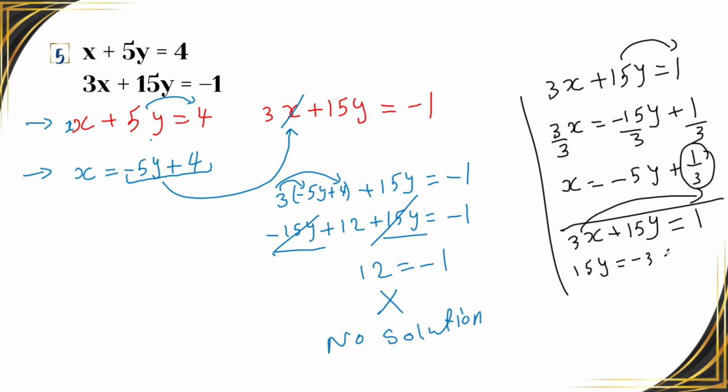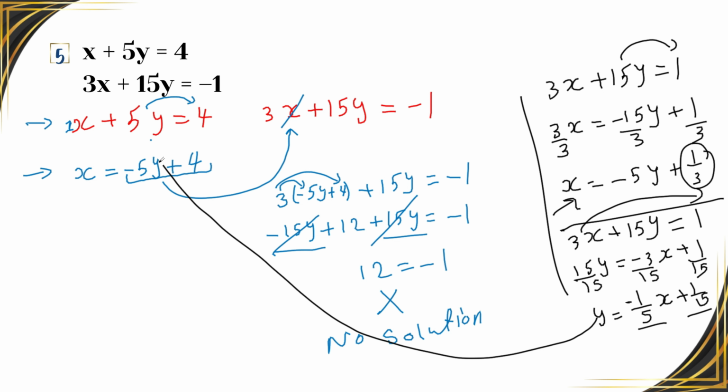Now divide by 15, y equals negative 3 over 15, which after simplifying is 1 over 5, plus 1 over 15. This is more difficult than before, because there we had just one fraction and here we have two fractions. Imagine you substitute from here into another equation like this. It will be so difficult.